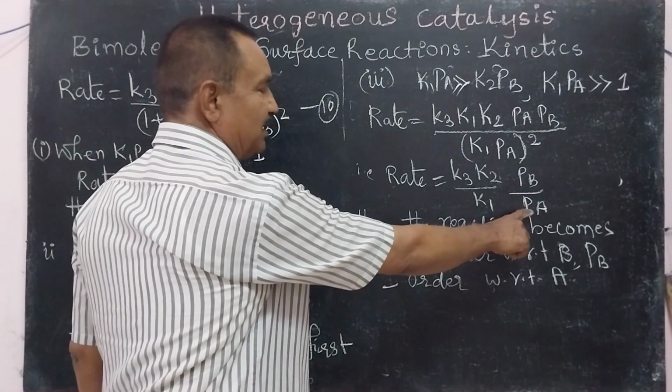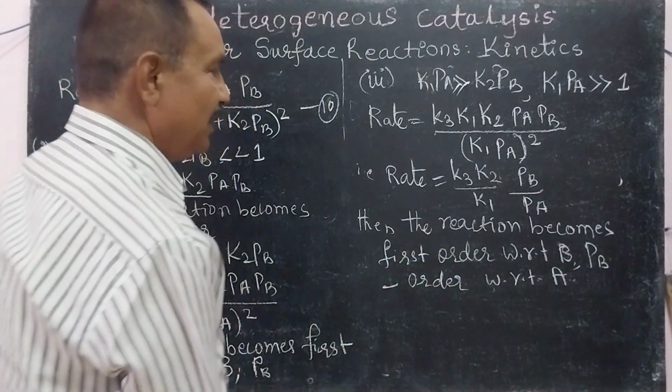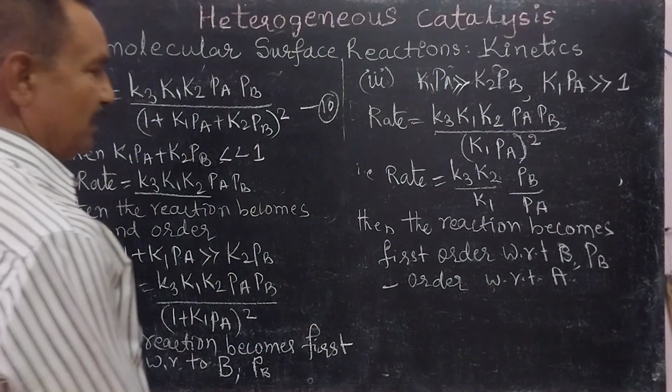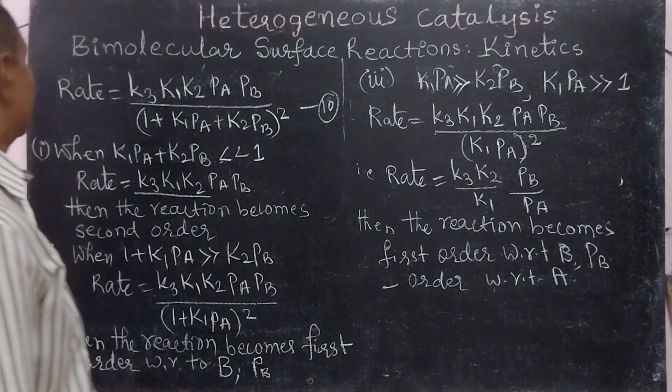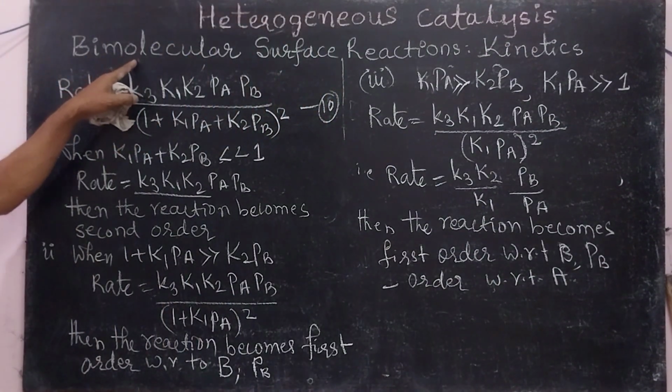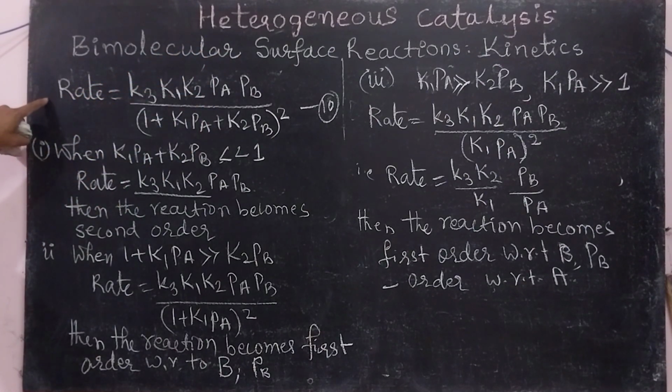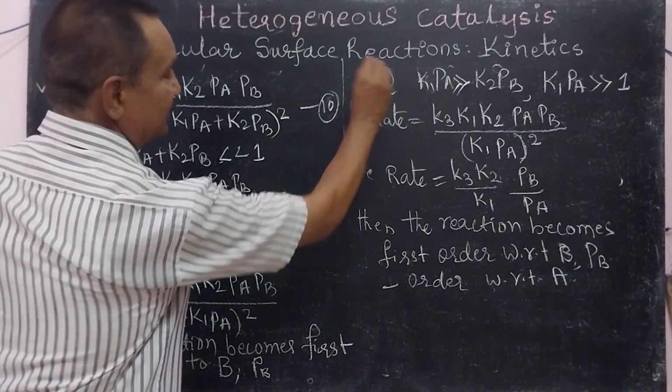So order with respect to A becomes negative and order with respect to B becomes 1. This is about the kinetics of bimolecular surface reactions. This is the rate expression, and these are the three conditions.